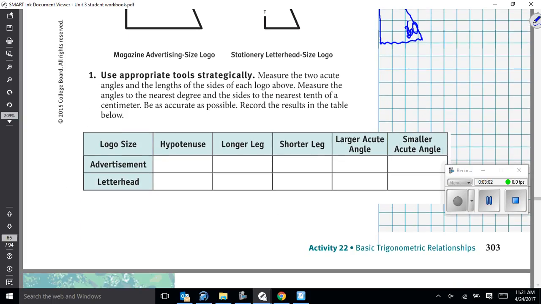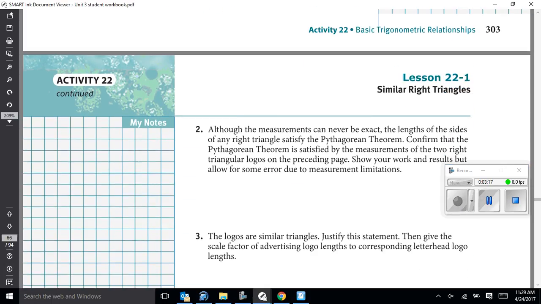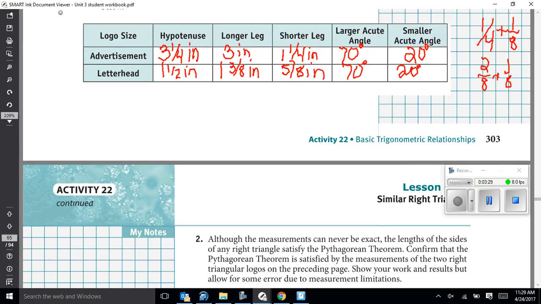So measure the two acute angles and the lengths of the sides of each logo. They look similar, and we're going to determine if they actually are. Although the measurements can never be exact, the lengths of the sides of any right triangle satisfy the Pythagorean theorem. Confirm that the Pythagorean theorem is satisfied. Just take a couple seconds and see if these satisfy it.